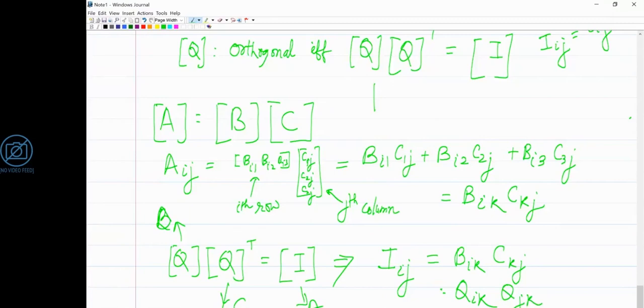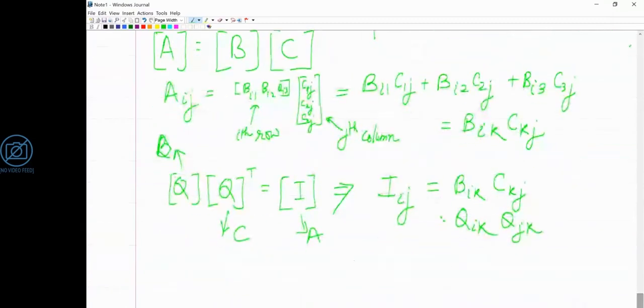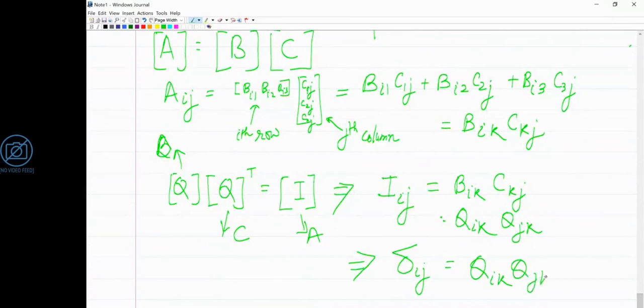It's not Qkj, it is Qjk because C is equal to Q transpose here, isn't it? So this basically gives us that Kronecker delta ij is equal to Qik Qjk. So you see, you have an expression in which you get a Kronecker delta.